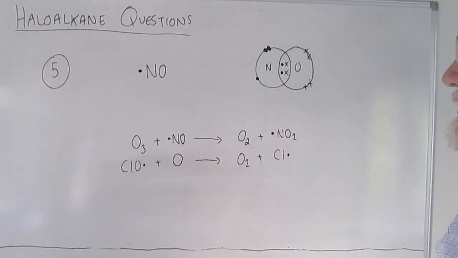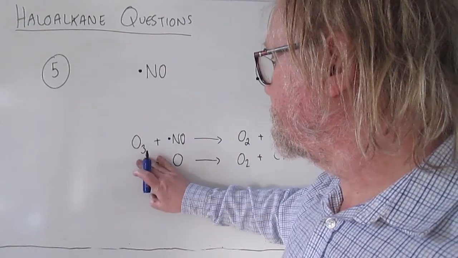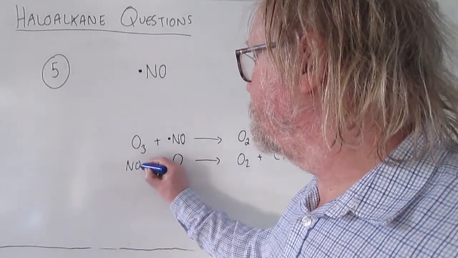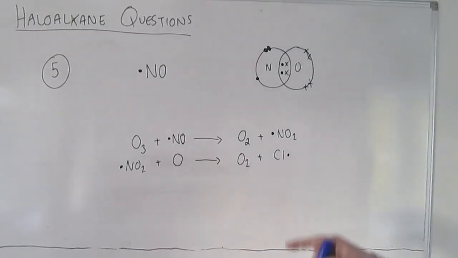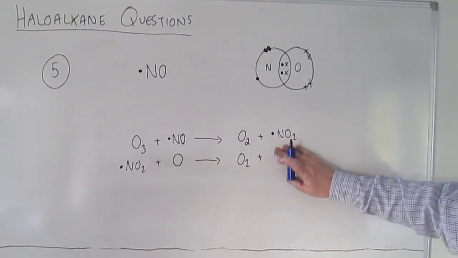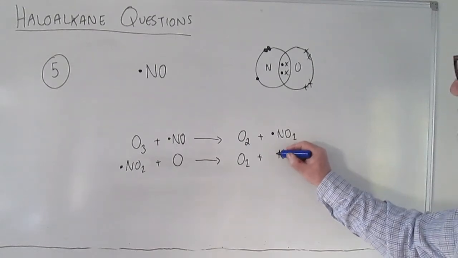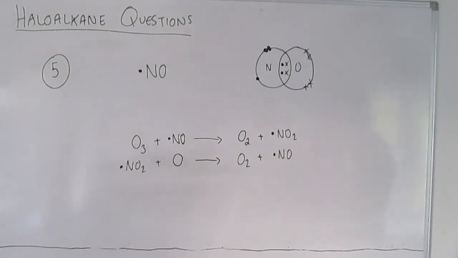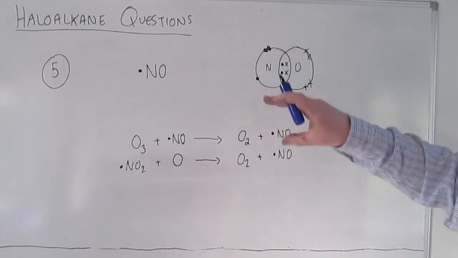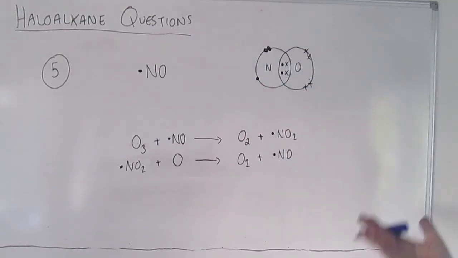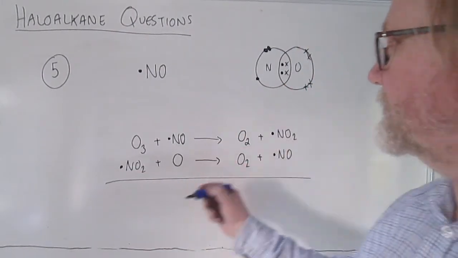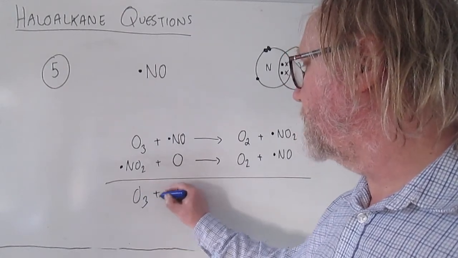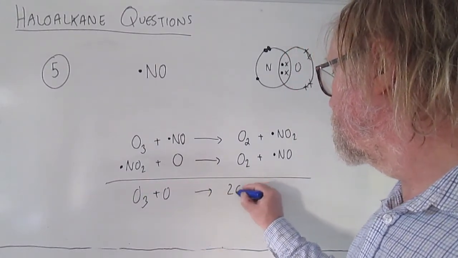So NO2 dot is there, and because that's a radical, it can do what ClO dot did here and react with oxygen to produce O2 and to regenerate NO dot. So basically I've just modified this by sticking NO in wherever Cl was before, and by doing that you get exactly the same pattern. So when we generate the overall equation, add them together and cancel out, we get the same overall reaction: O3 plus O goes to 2O2.